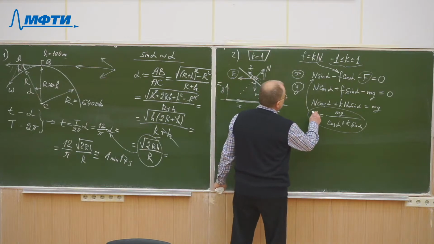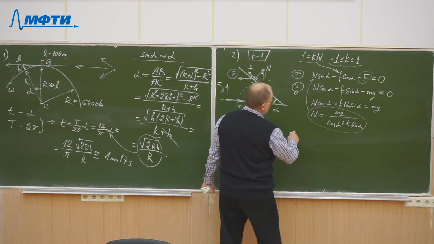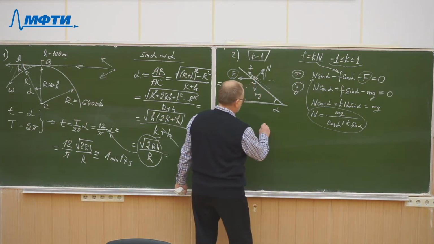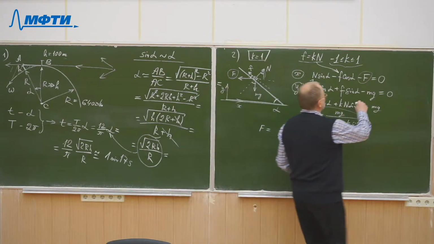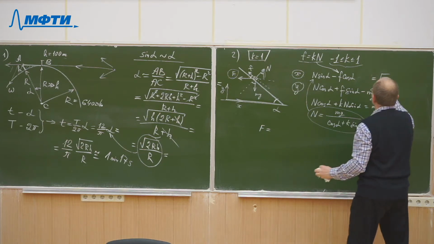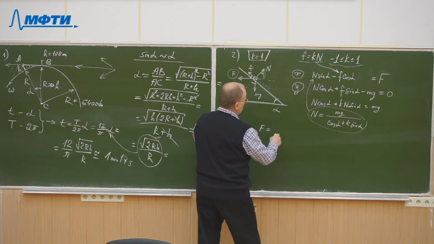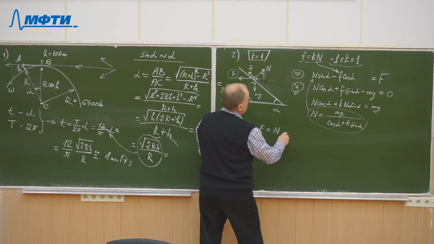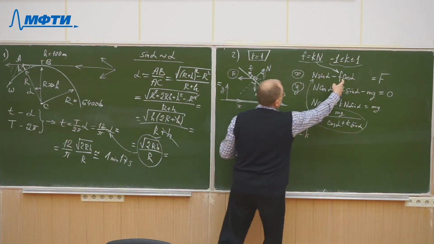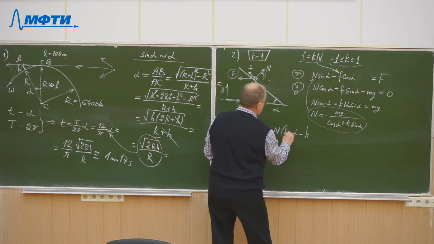So by substituting N into the first equation, we will find that force F equals, if we take force F into this side of the equation, we will immediately find force, which is N cosine alpha minus coefficient of friction... no, this is sine alpha.